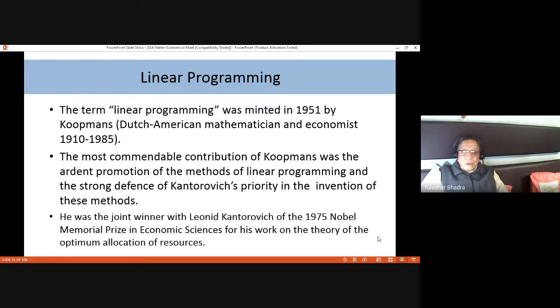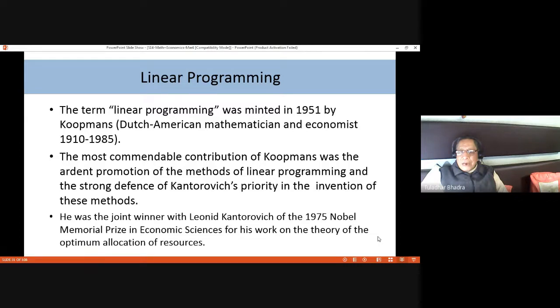The term linear programming was minted in 1951 by Koopmans, a Dutch American mathematician and economist, who died in 1985. The most commendable contribution of Koopmans was the ardent promotion of the methods of linear programming and the strong defense of Kantorovich's priority in the invention of these methods.